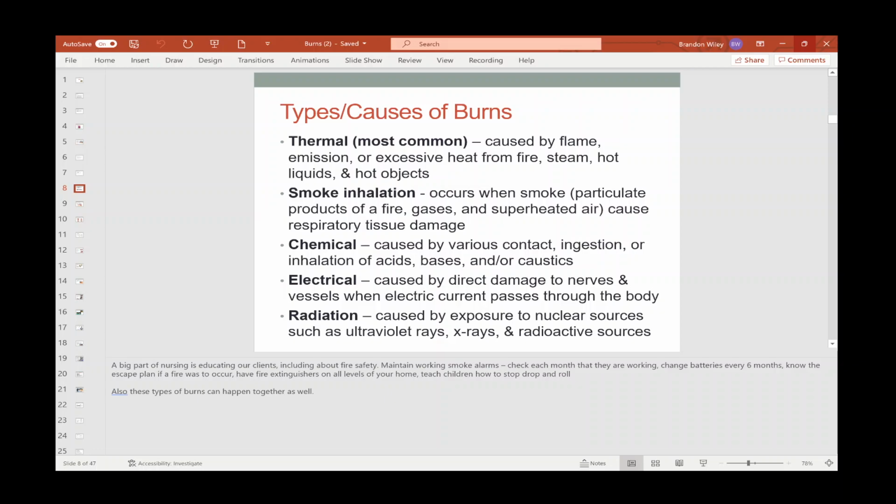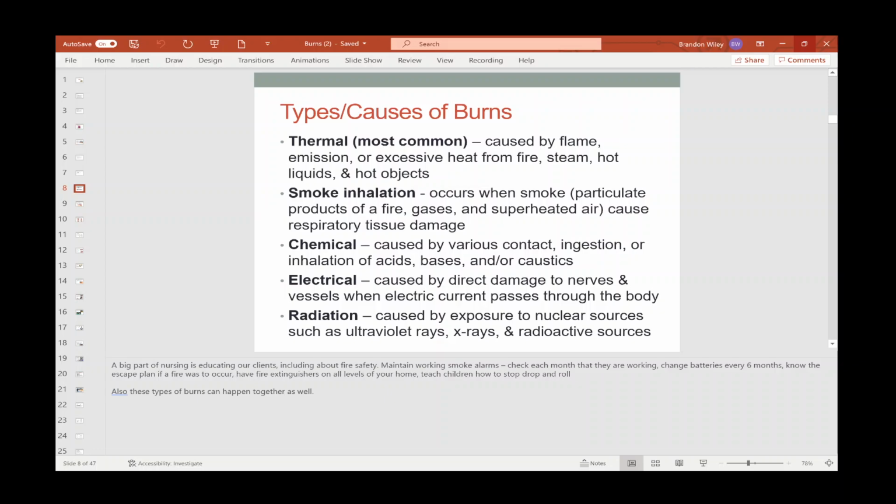However, smoke inhalation you don't really think about as a burn. But smoke inhalation, when you have smoke in a confined area, and it's coming from something that's being burned, and that particulate that is in the air with that smoke, if you breathe it in, it's hot.